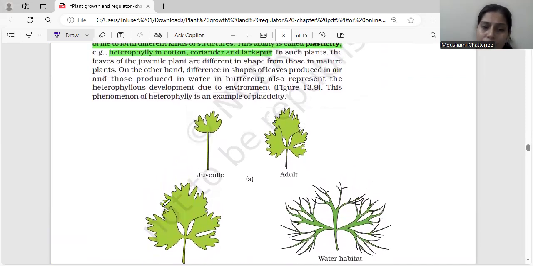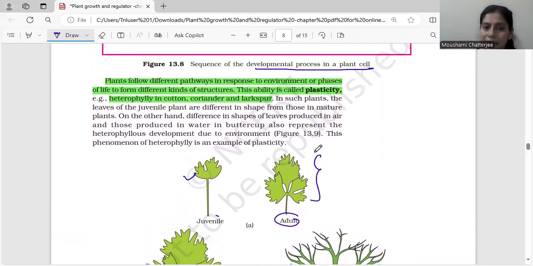During the juvenile phase, you can see that it has transformed the structure like this. But when it is adult, the structure looks like this. This we are talking about plasticity: depending on the requirement or the environment, they are going to form the structure. In such plants, the leaves of the juvenile plants are different in shape from those in mature plants.